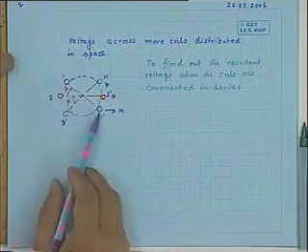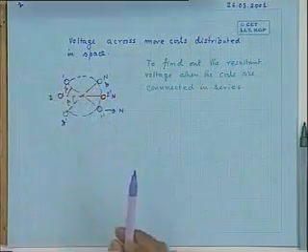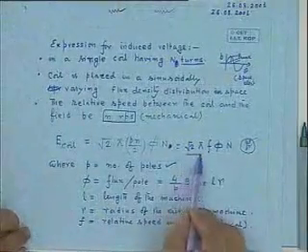Obviously the induced voltage in the individual coils is given by this expression.